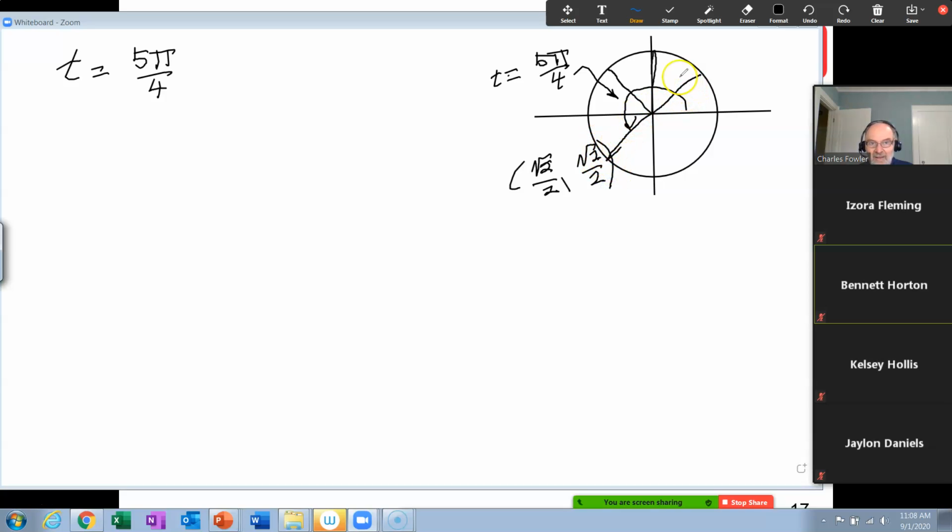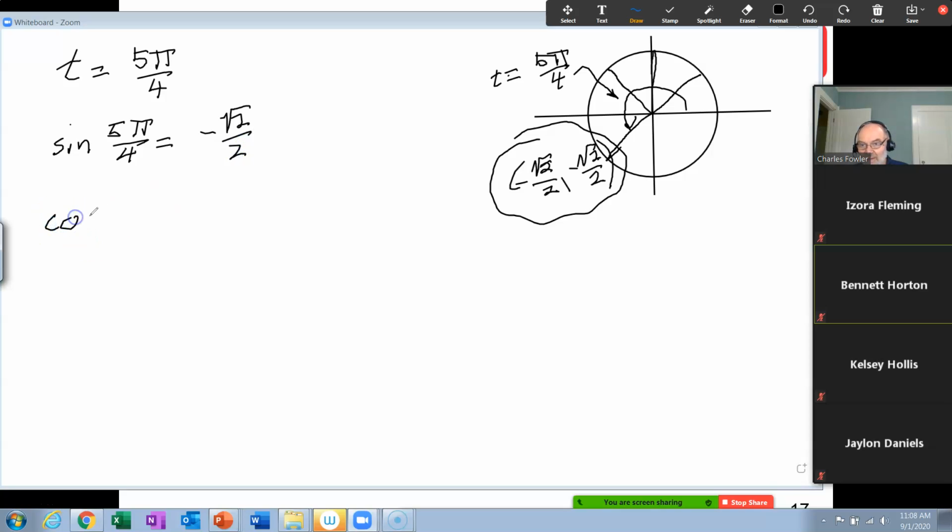Up here they're both positive, here they're plus minus, here they're minus minus. So as soon as you identify this point here, you can write down every one of the trig functions. Sine of 5/4 pi is the y value, minus √2 over 2.